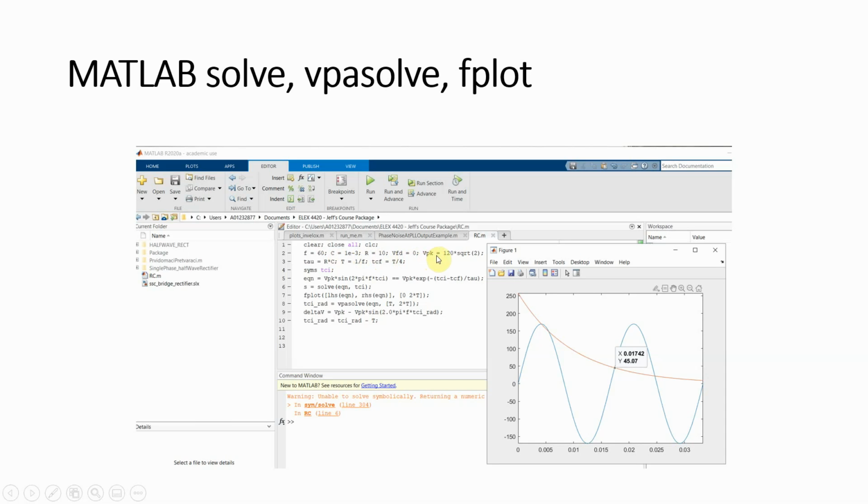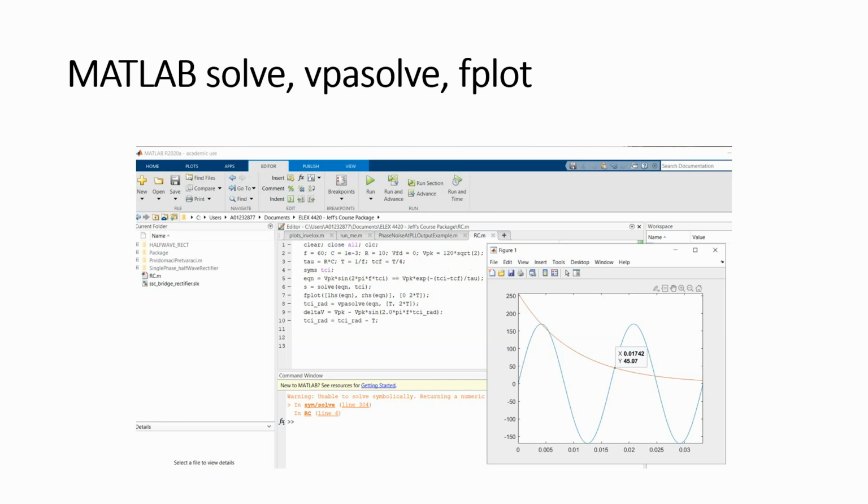And V peak is 120 times root 2, so basically the input AC voltage is 120 volts RMS, and this is the peak value. I calculated tau, the time constant for the RC circuit, and the period, and as I mentioned, TCF is T over 4, one quarter of the period.